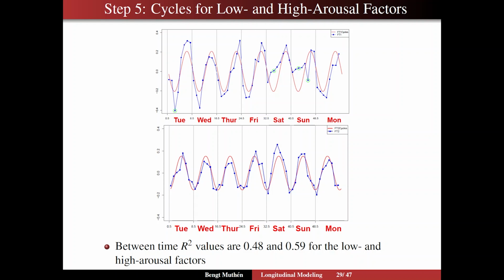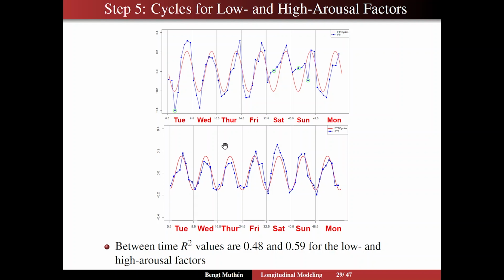So actually a factor measured by the PA items. So here we get those blue estimates, and again we see this deviation on a Saturday, perhaps on Sunday as well, where the cycles modeling underestimates the PA level, the low arousal PA level.